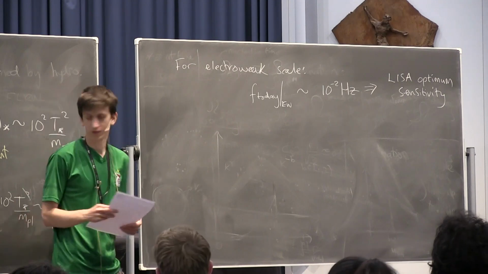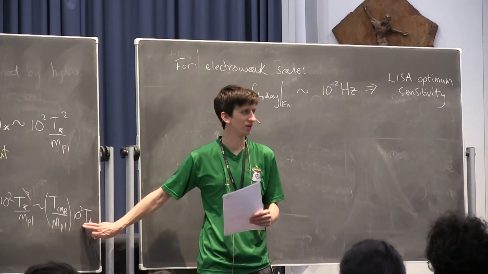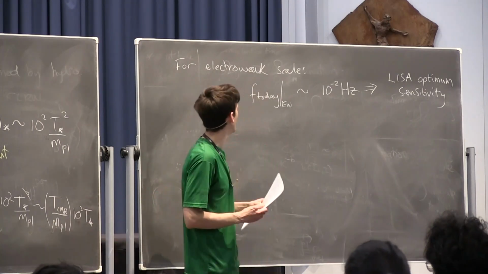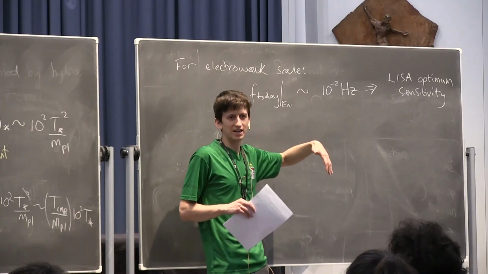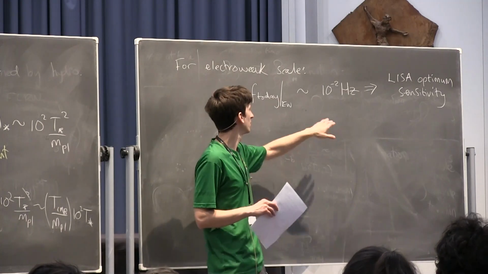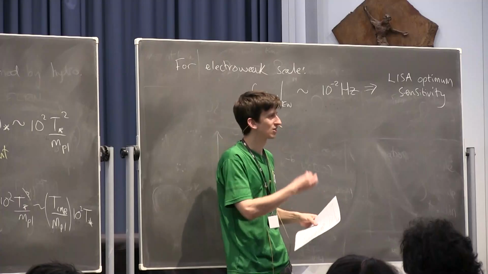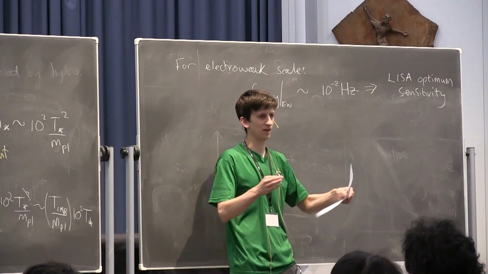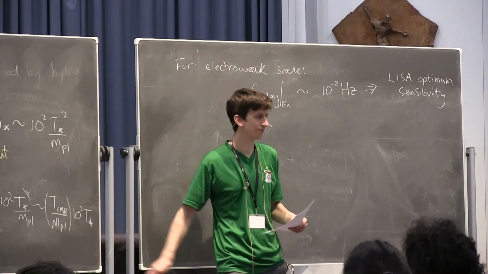Also, because the frequency scales proportionally to the temperature, if we look at higher frequency, LISA's a low frequency detector compared to LIGO. LIGO's at like 4 orders of magnitude higher frequencies. That means LIGO and Einstein telescope and other ground-based detectors are sensitive to temperatures 4 orders of magnitude higher.